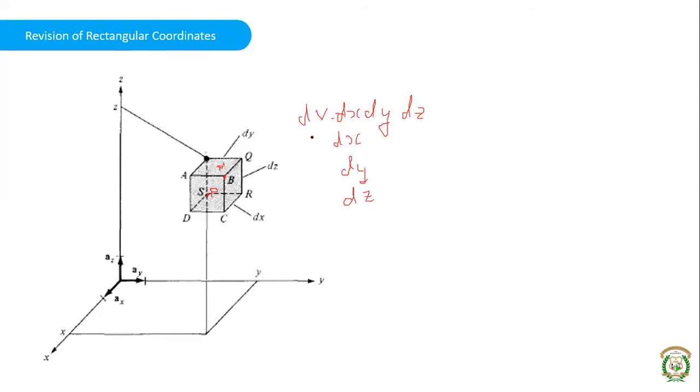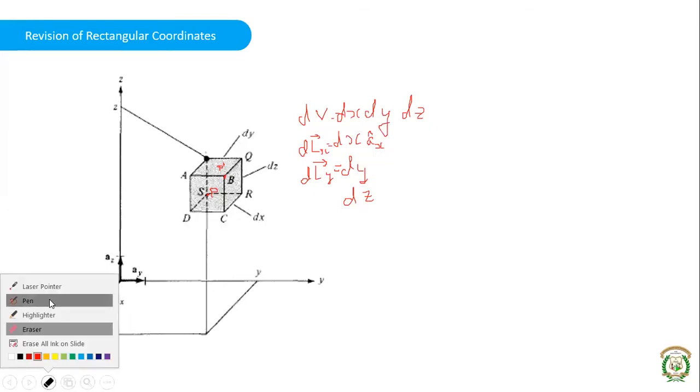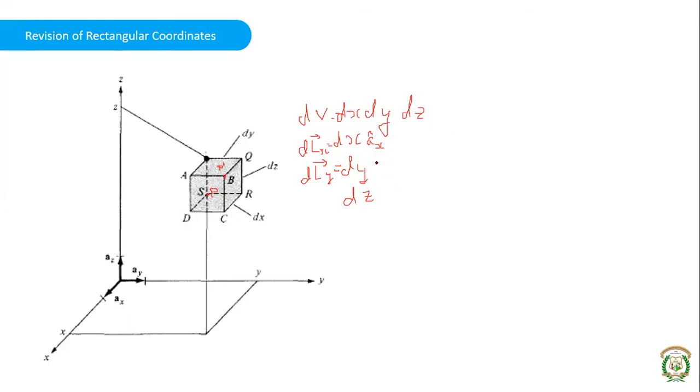If you take the lengths as vectors, we are going to write this as dl. It's a vector actually, the length. So in the x direction, you can write this as dl with a suffix x, so it is dx ax. dl in the y direction is written like this, dy ay.